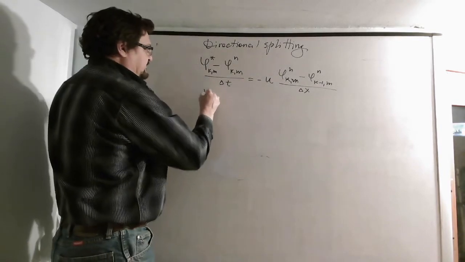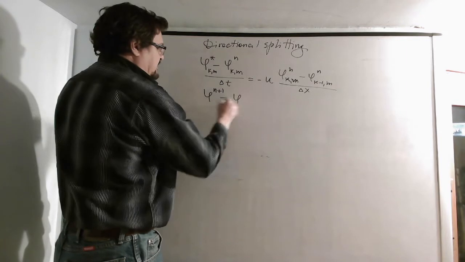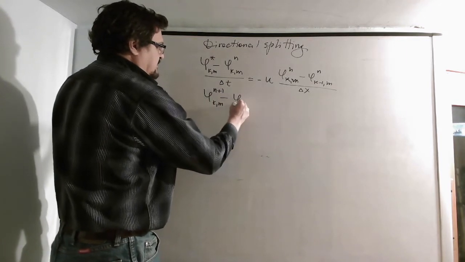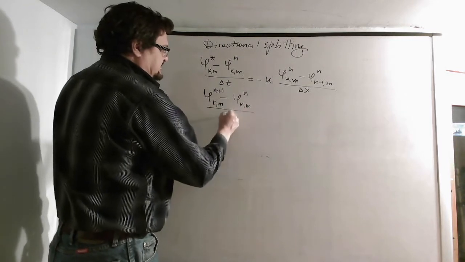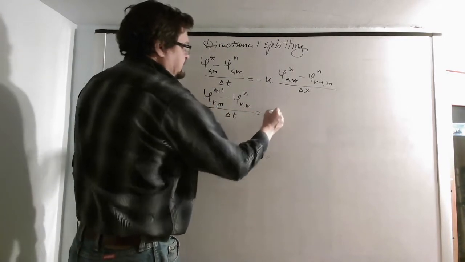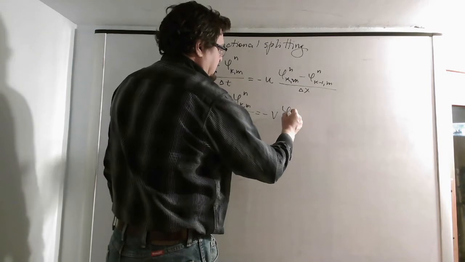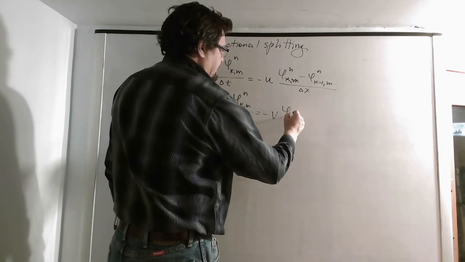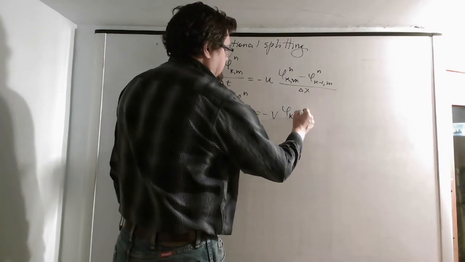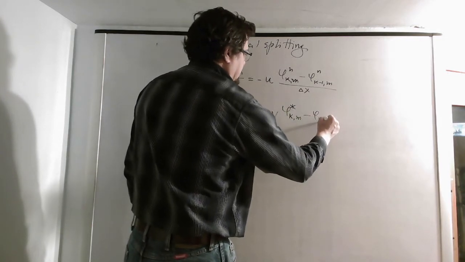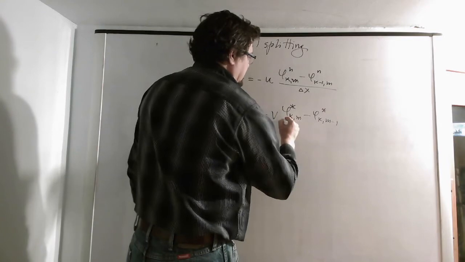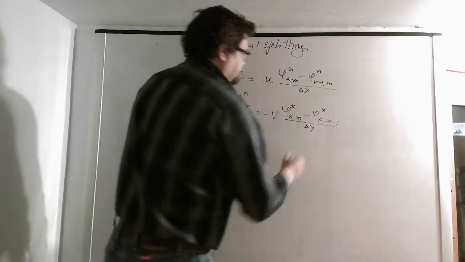And it becomes phi n plus 1 minus phi n, divided by delta t, equals minus v times phi k m star minus phi k m minus 1 star, divided by delta y.